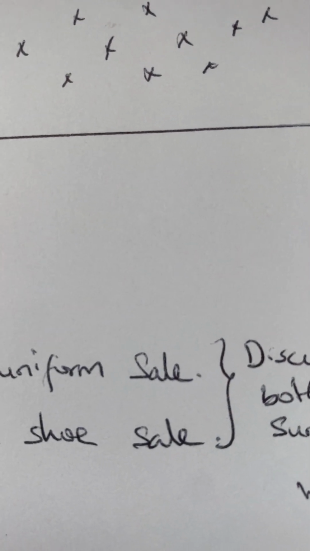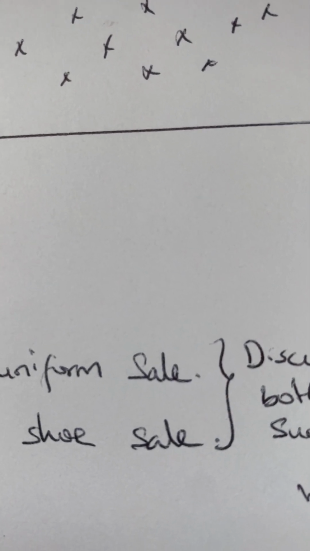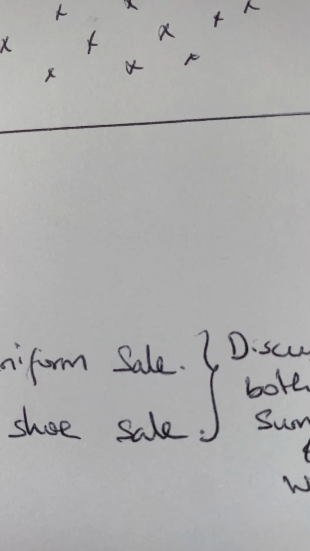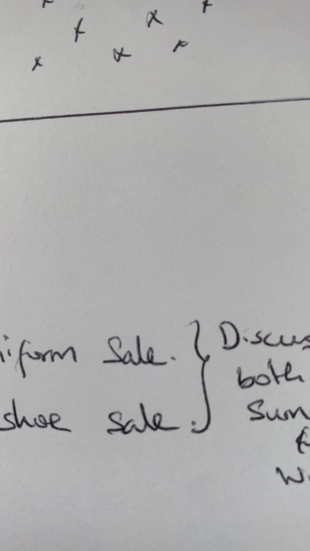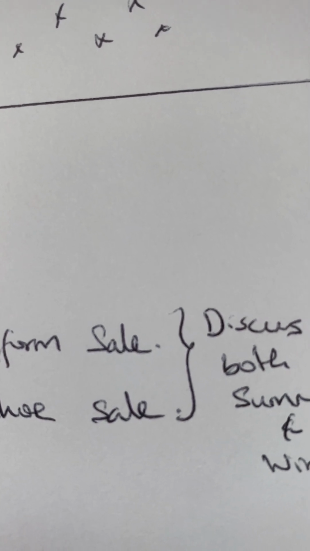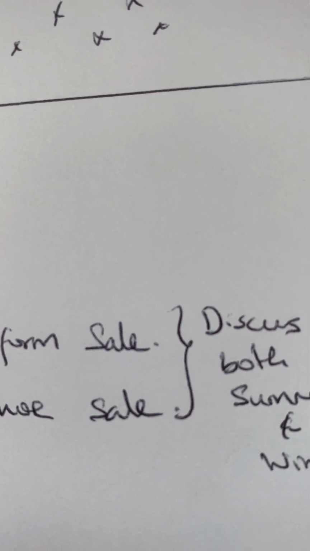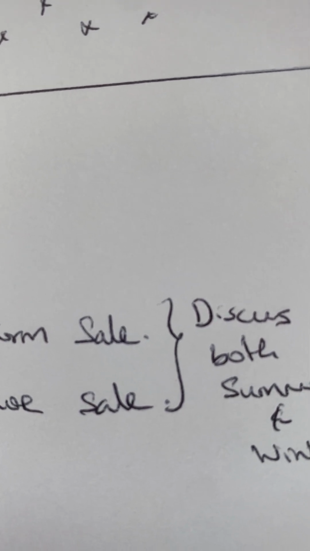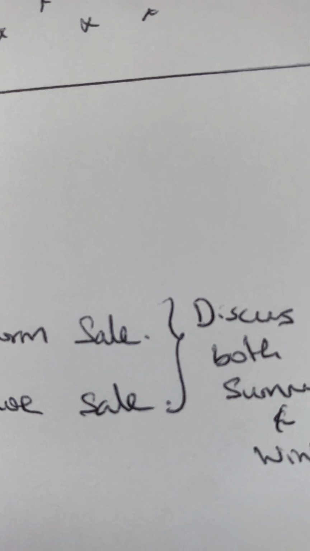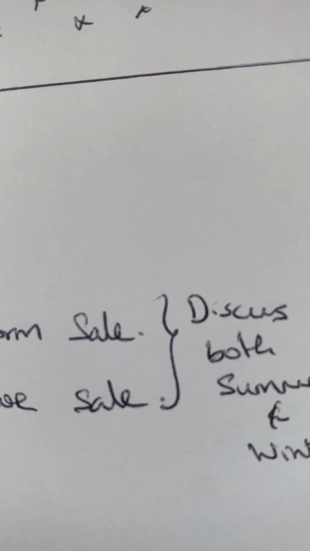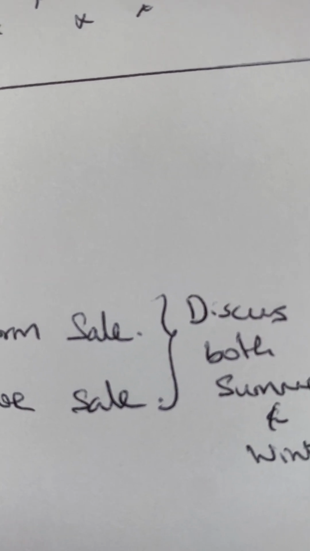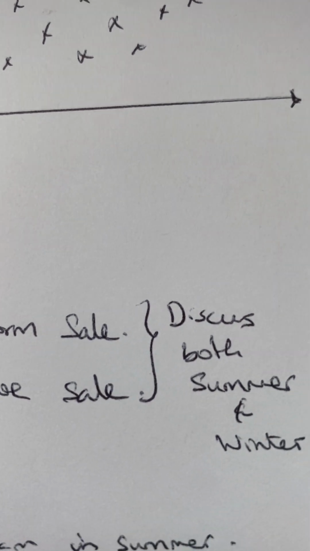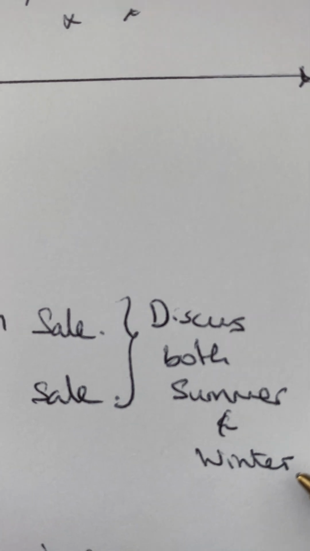So in winter there might be a correlation between the weather and the amount of coats sold. Okay, so there might be a positive correlation there because it's very cold. So people who don't have coats might want to get coats. So there might be a lot of people who might end up buying coats.